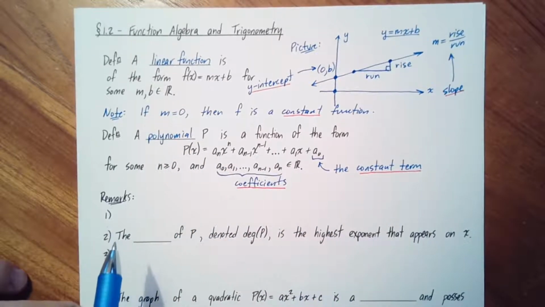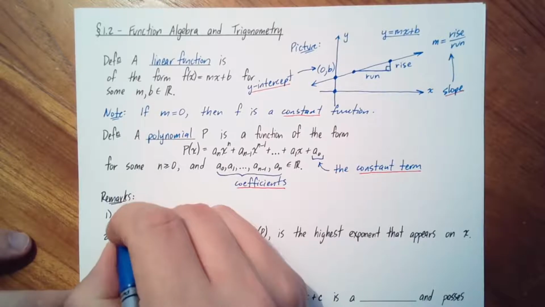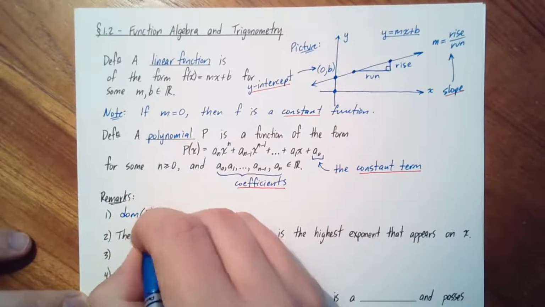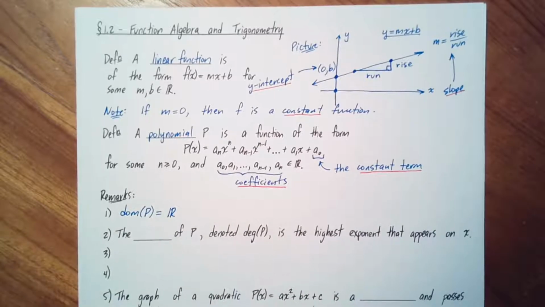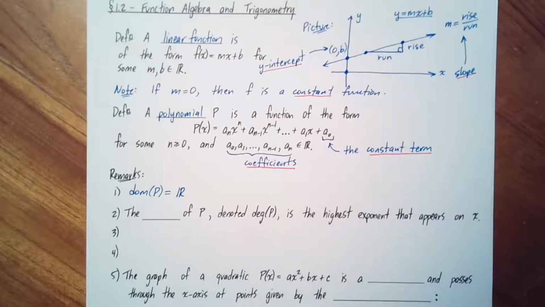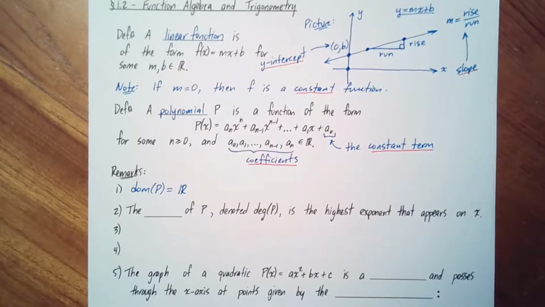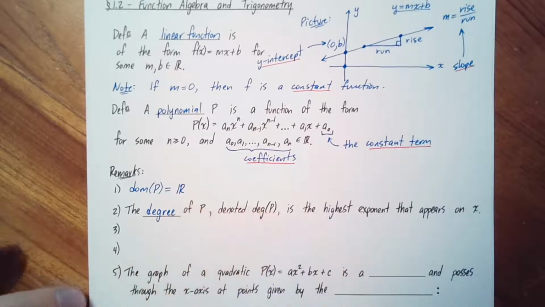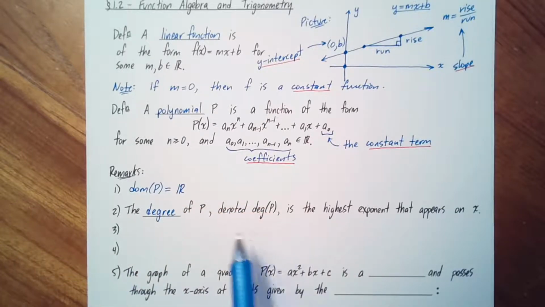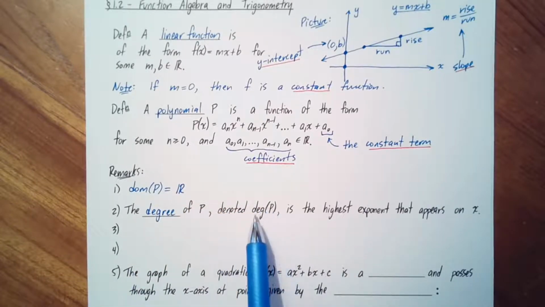The domain of a polynomial is all real numbers. Polynomials are defined absolutely everywhere. That's one of the nicest features about them. The next thing we would say is that each polynomial has something called a degree. The degree of a polynomial p, which is denoted with this notation here, you just write deg and then put brackets around p right after.